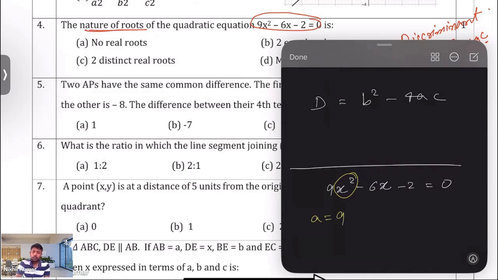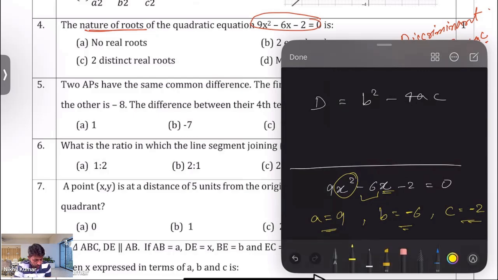The coefficient of x, that will be b. Remember, the coefficient of x is minus 6, this whole thing. And the constant term is basically c. So this is minus 2. Once we know a, b and c, we can figure out the value of the discriminant. So let me pick the original color.